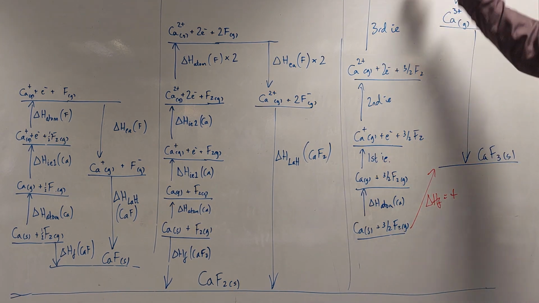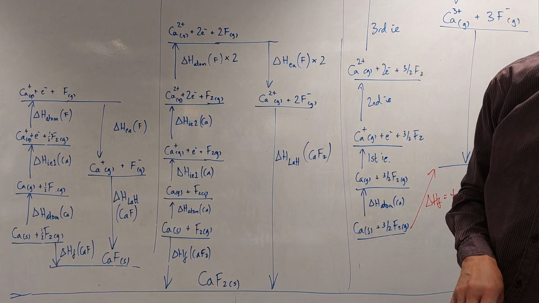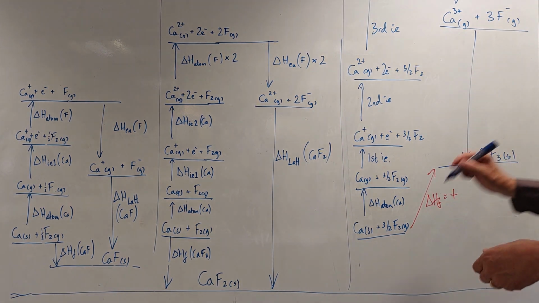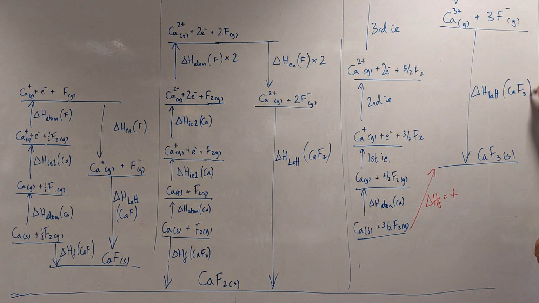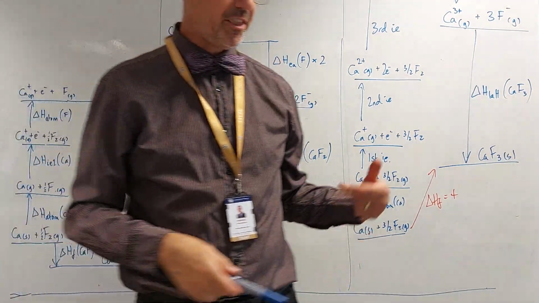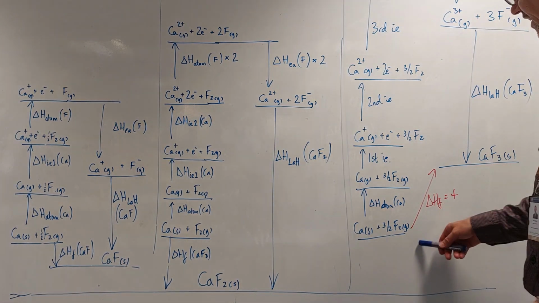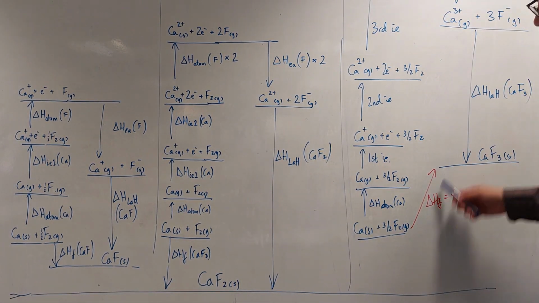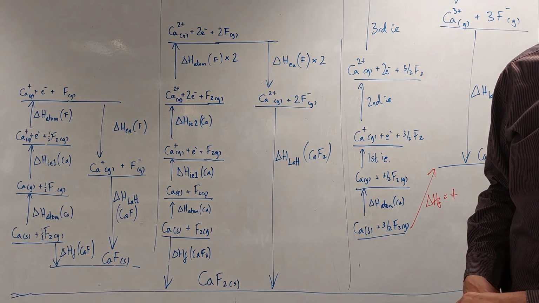So because it takes a huge amount of energy to pull that electron out of calcium's third shell, and I don't get that energy back when we make CaF₃, it's like, you know, your expenditure over the month is far more than your earnings, and at the end you're left with this huge deficit. You're in debt at the end of each month because you simply don't have the energy to get to CaF₃.